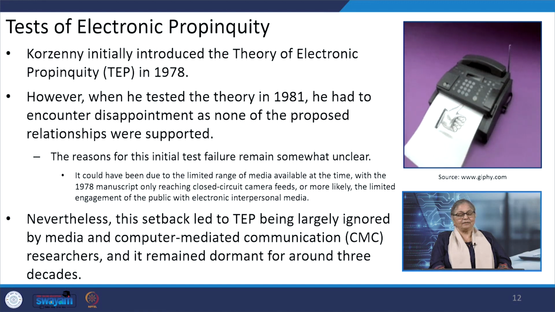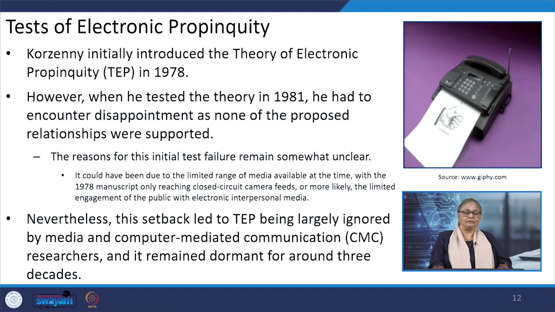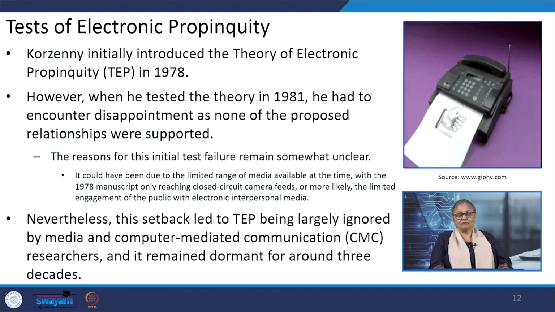It could have been due to the limited range of media available at that time, with the 1978 manuscript only reaching closed circuit camera feeds, or more likely, the limited engagement of the public with electronic interpersonal media at that time. However, this setback led to TEP being largely ignored by media and computer mediated communication researchers, and it remained dormant for about 3 decades.